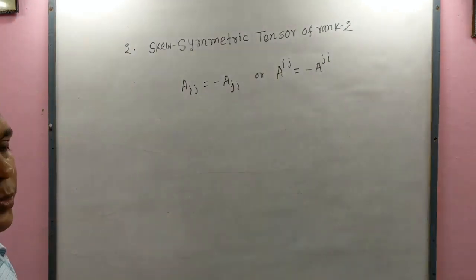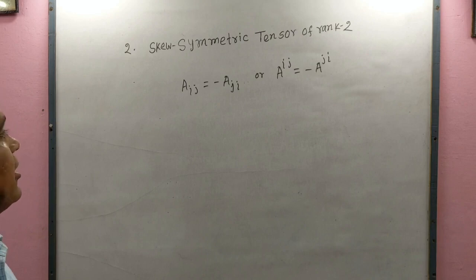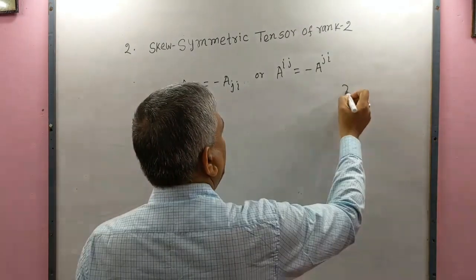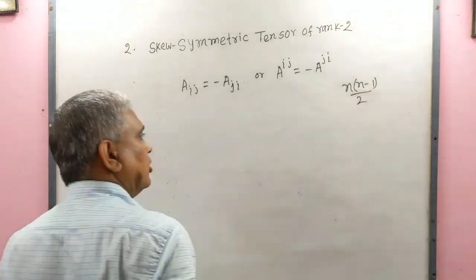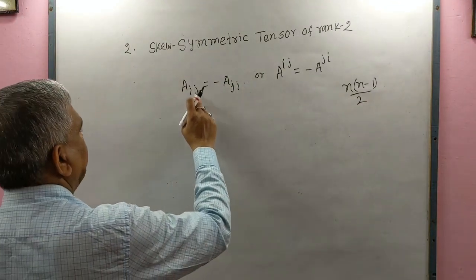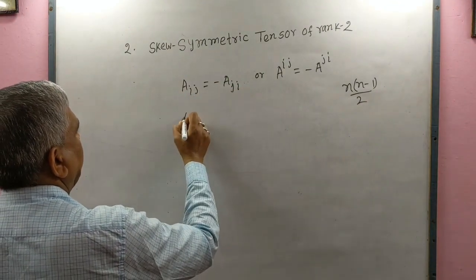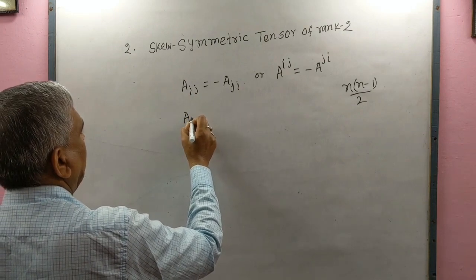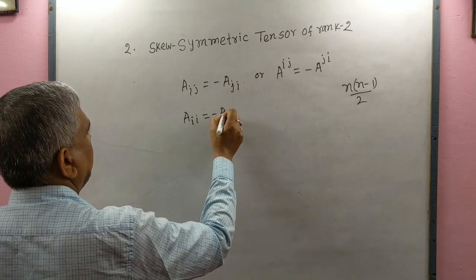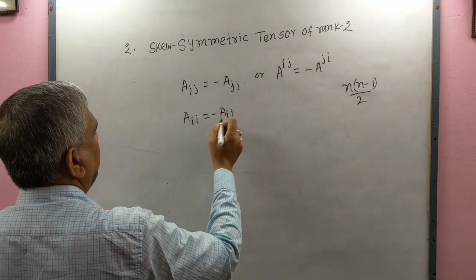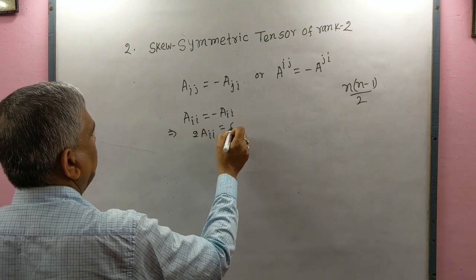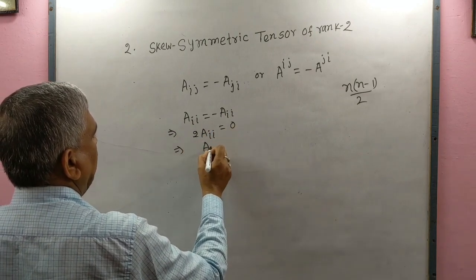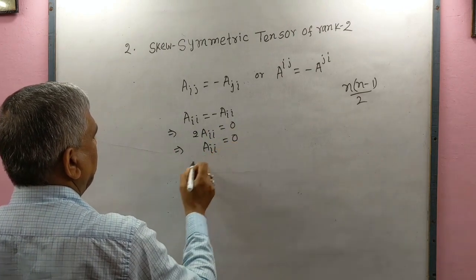Now we have to prove that the number of independent components in a skew symmetric tensor is n into n minus 1 by 2. Putting j equal to i, we get Aii equals minus Aii, which implies 2Aii equals 0, so Aii equals 0.